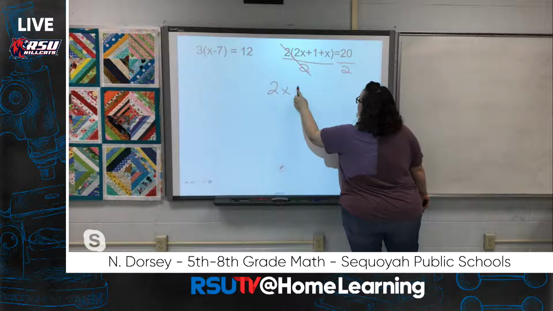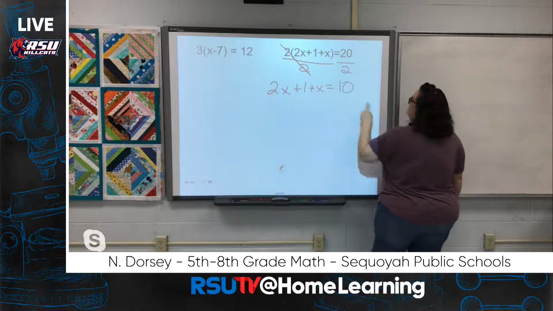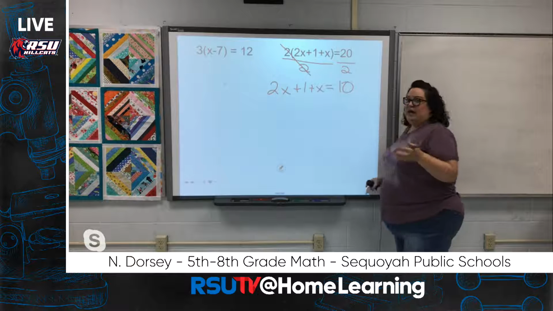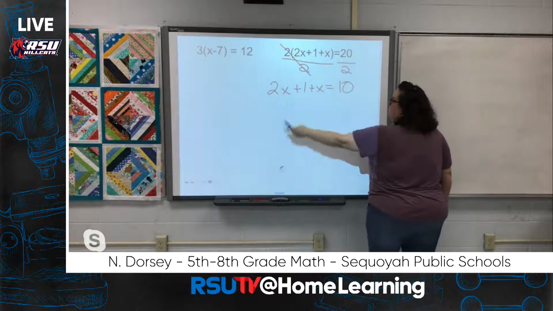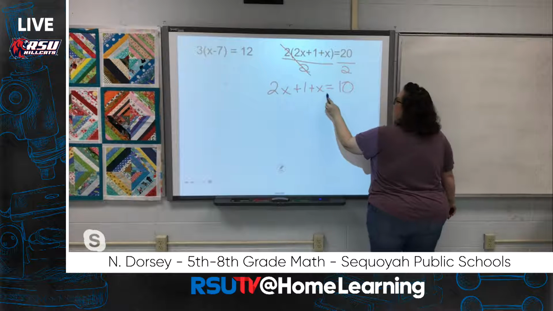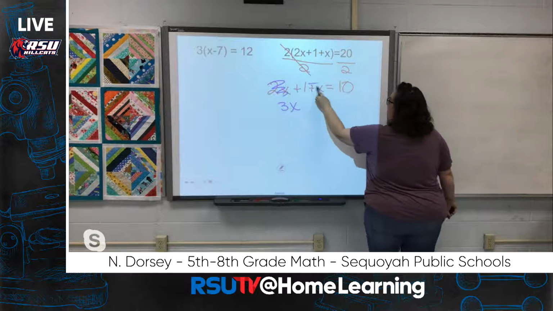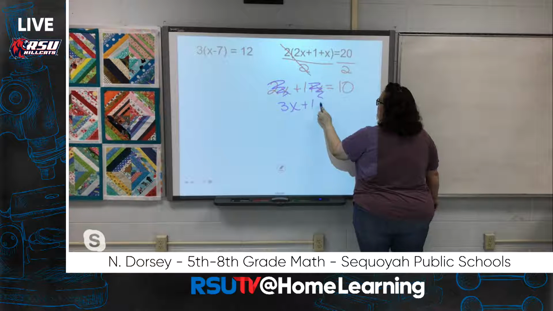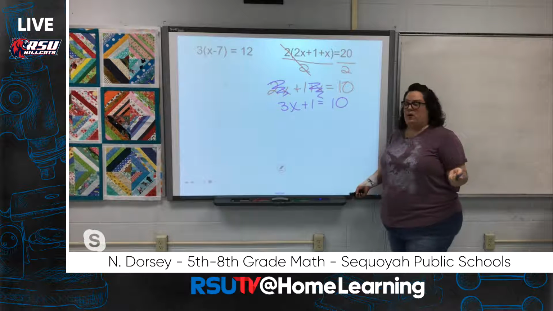So 2x plus 1 plus x equals 10. I have like terms that I need to put together. I've got 2x plus x, which gives me 3x. So those go away. Bring down what I haven't used. Now I have just a regular two-step equation.